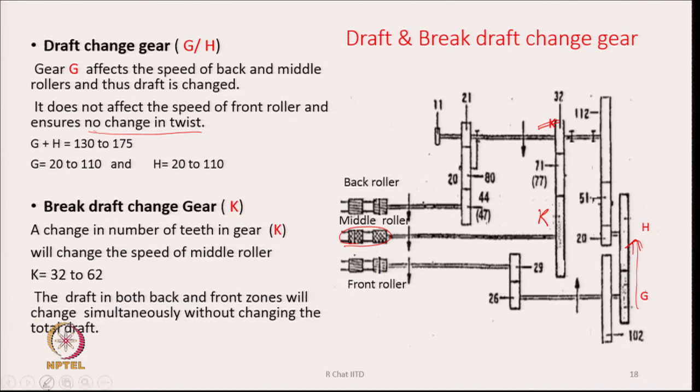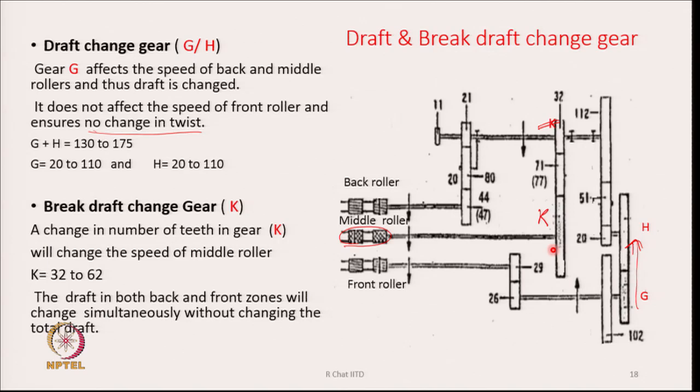This is the only difference that you have to always remember: in one case, if I change K, the speed of the middle roller will change, and the draft in the front zone and the draft in the middle zone both will change.